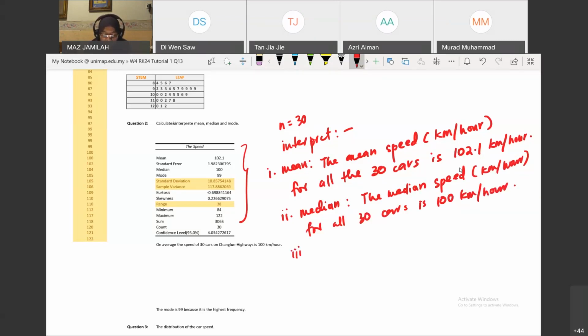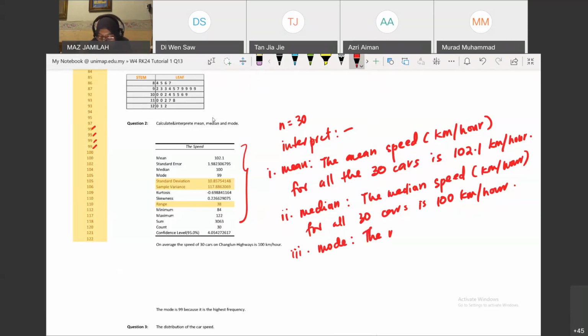And the third one would be the mode. How many will have 99? 1, 2, 3, 4. Okay. How should we interpret the mode?